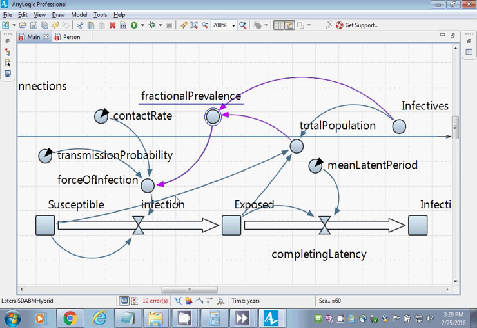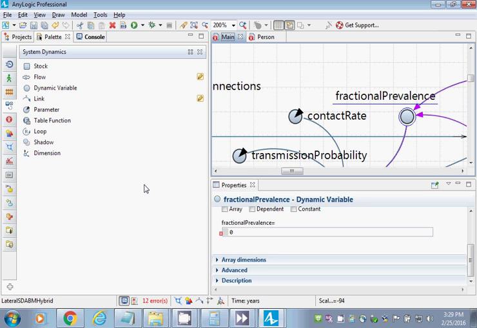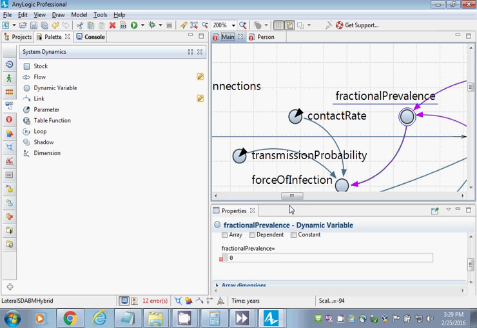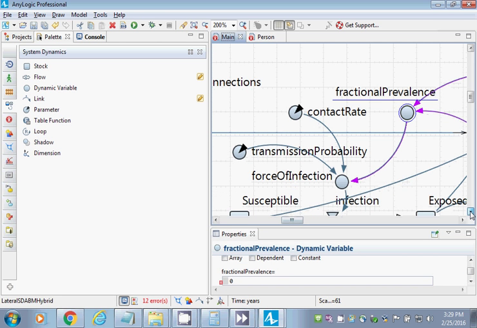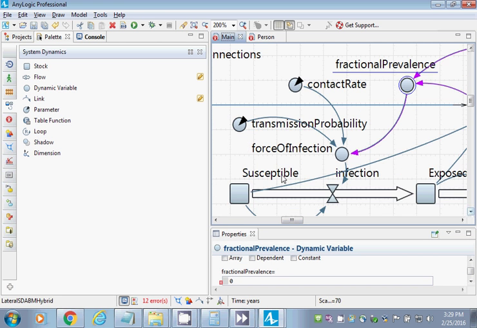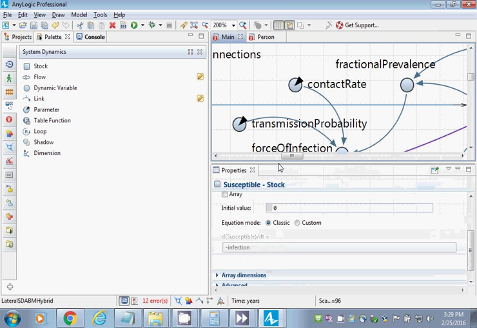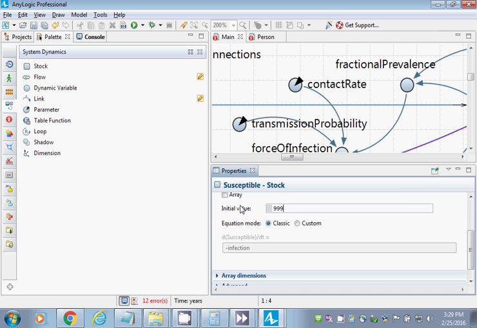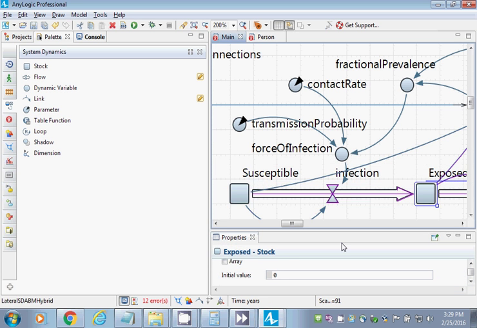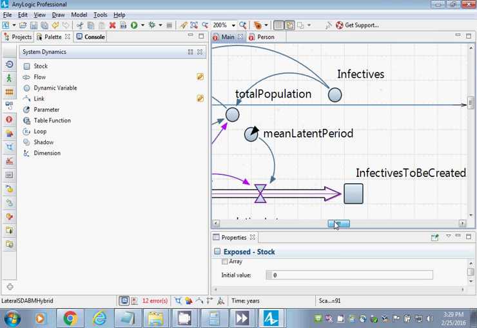Okay, now we're going to go through, ladies and gentlemen, each of the parameters, and I'll tell you a value to use, and then we're going to go through the formulas. For the transmission probability, I'd like to use a default value of 0.04. For the contact rate, I had mentioned 10 per month.